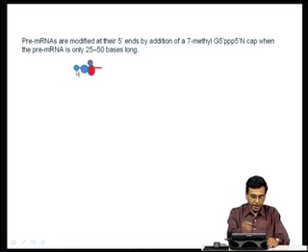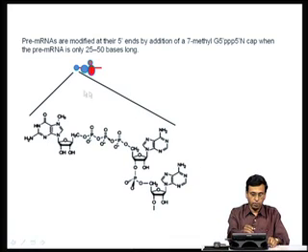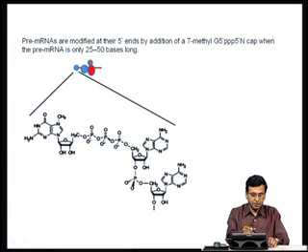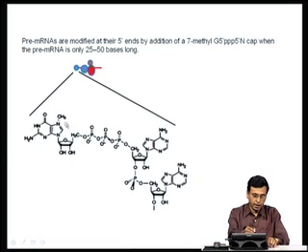So, what is this mRNA cap, which I have depicted as the blue dot here? This is the actual structure of an mRNA cap, and this is the first base of the messenger RNA, which is usually a purine, either adenine or guanine, and this is the methyl guanosine which is added to the 5' end of the messenger RNA. You see the methyl group here, and this is the guanine.